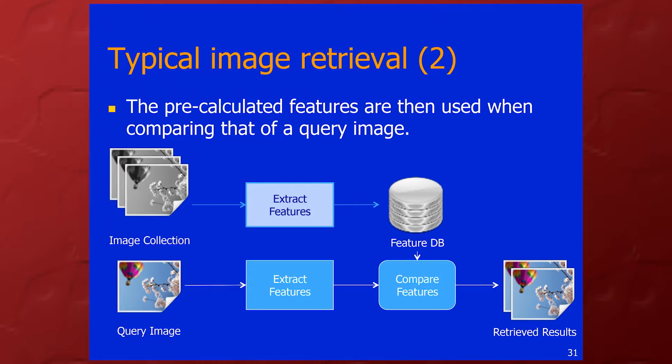When we then perform retrieval, query by example, we've got a query image, we extract the features from that, and then we compare it to the features stored in the database, because we don't want to do that part again, of course. And then we get our results.